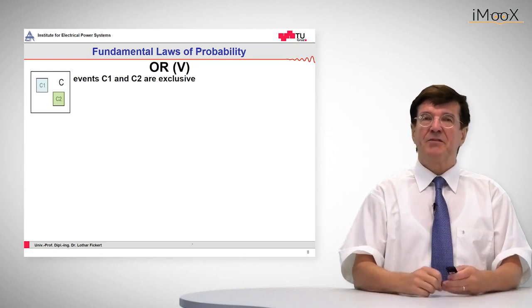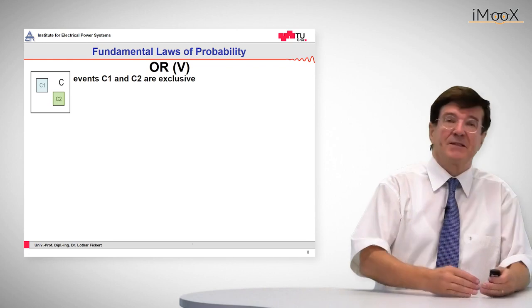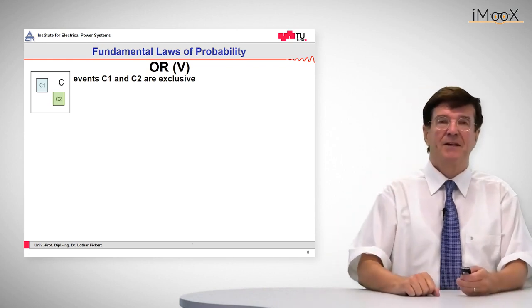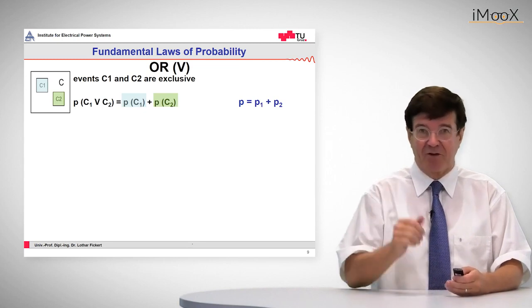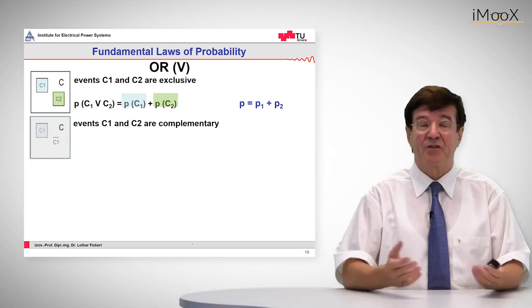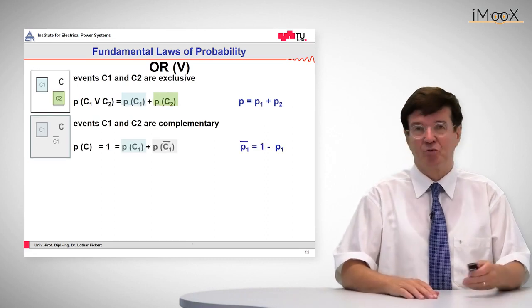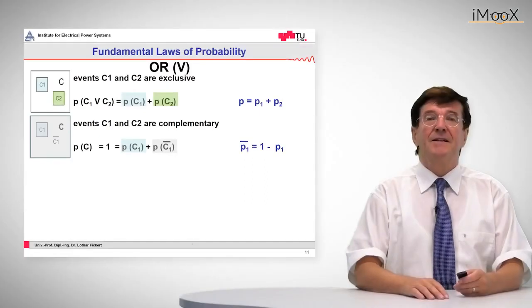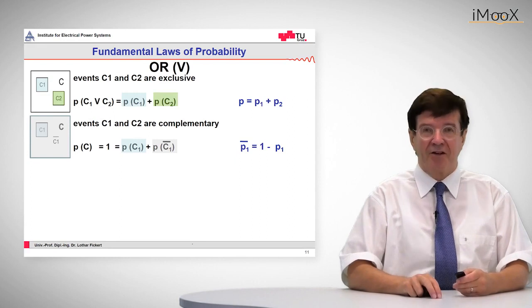In contrast to this, we have the OR condition. That means if something happens or the other happens, then it is counted as one event. So for this, if these are exclusive, we have the sum of the two probabilities, and that is the OR event. If the two events are complementary, P of the complementary event is 1 minus P1. The OR condition can be modified if the two events are not exclusive.